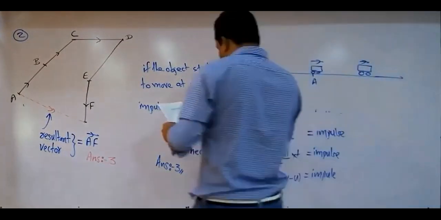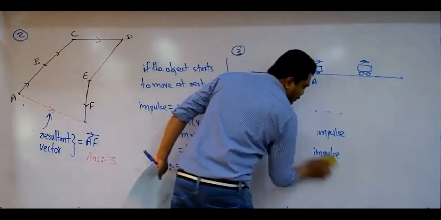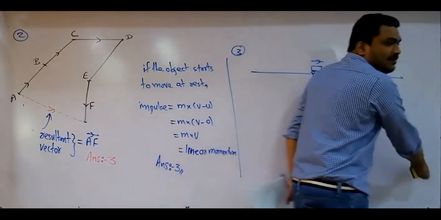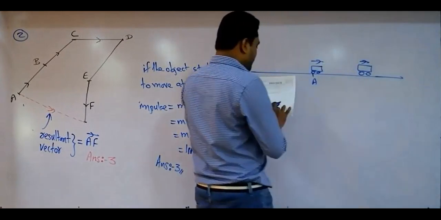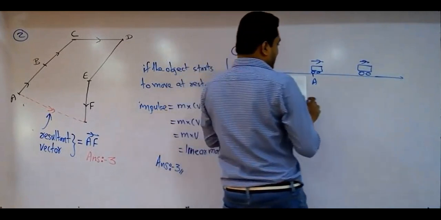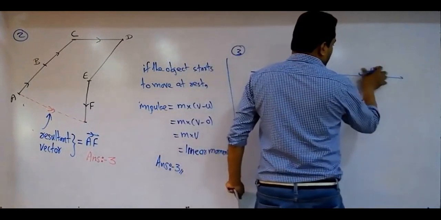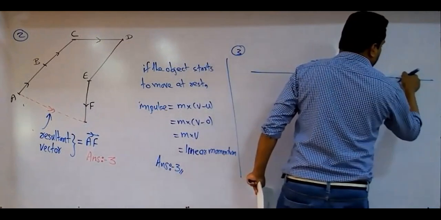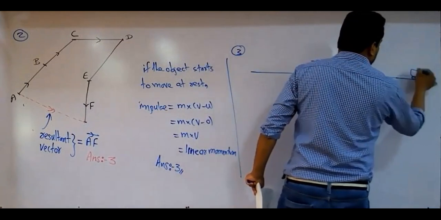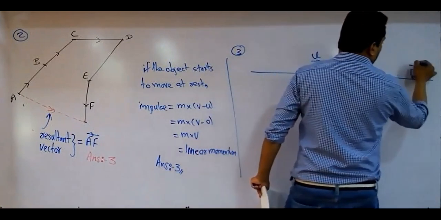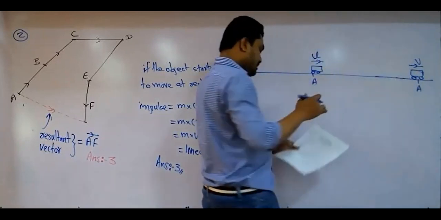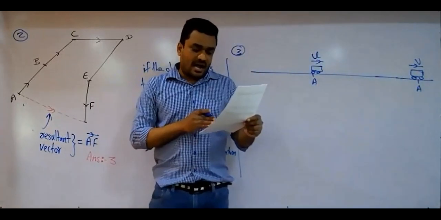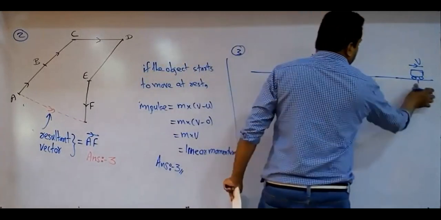What is the initial motion up to t1 here? Velocity increases. Am I right here? Velocity increases, so it's an acceleration. So it travels in the first t1 seconds with an acceleration. So initial velocity u, final velocity v. The object travels from A to B. After the end of t1 seconds, what has happened here?